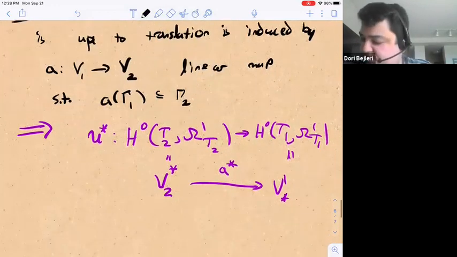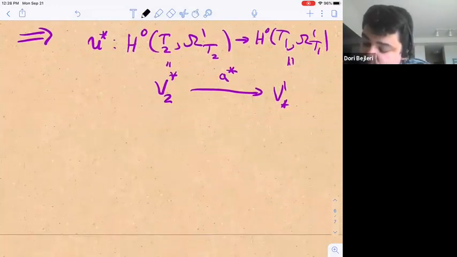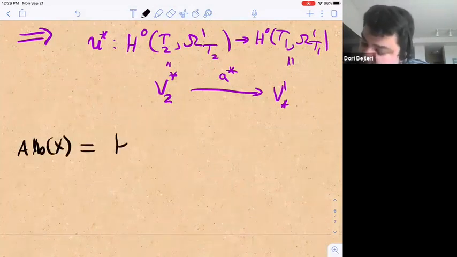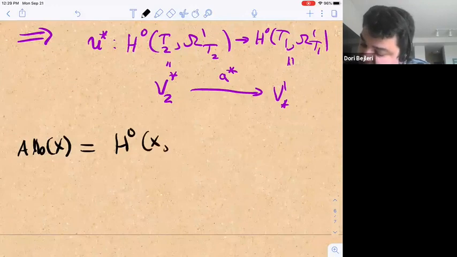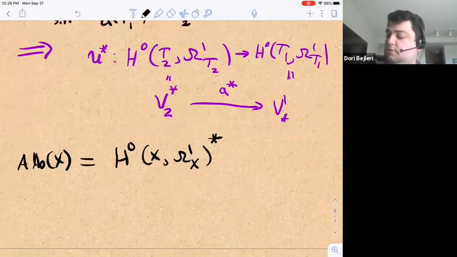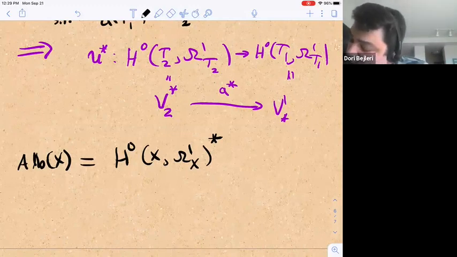Okay, so now we just need to give a definition. So the Albanese of X is the following complex torus. We take H0 of X omega 1 X dual, again, because we want H0 of omega 1 of the Albanese to be the same as that on X. So we take the dual as our vector space that we're quotienting by.